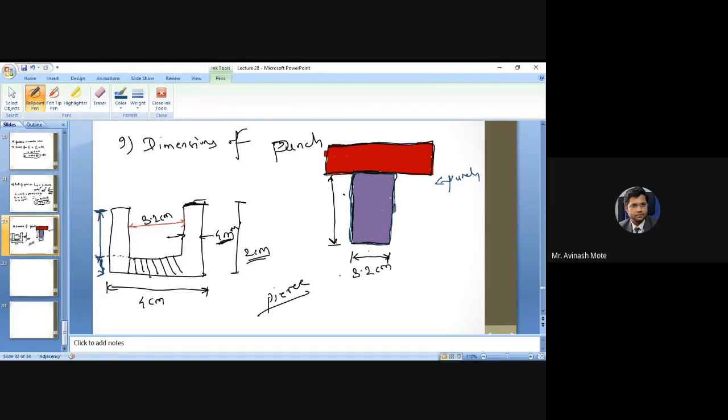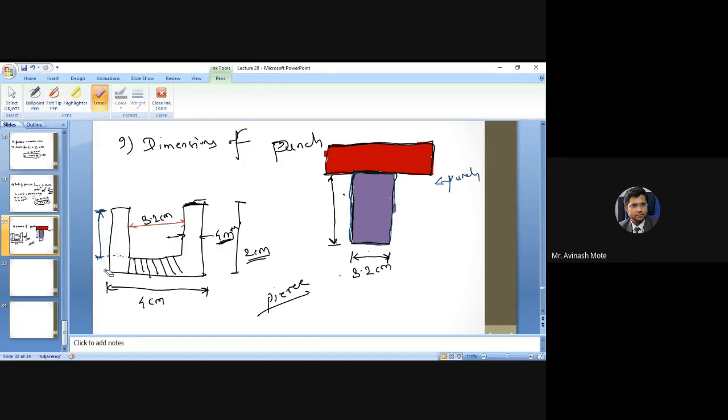So the total height is 2 centimeter and the thickness of the part is 4 millimeter. Just reduce the thickness of the part from this travel.